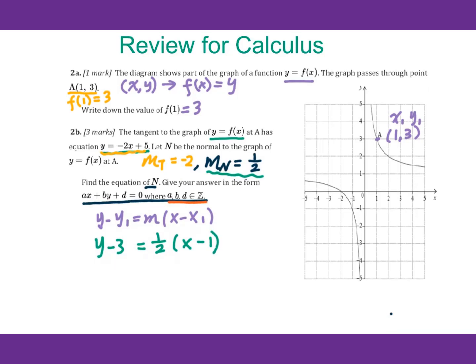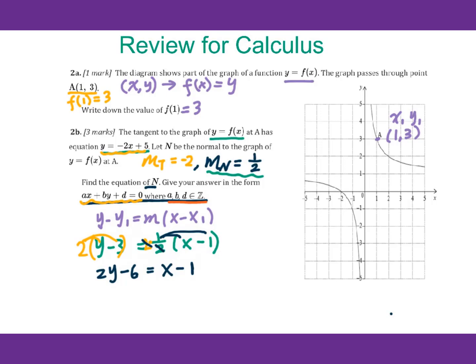Then we need to organize this linear function into this format. Since we have a fraction, we multiply by 2 on both sides. We do the distributive property. You will get 2y minus 6 equals x minus 1.